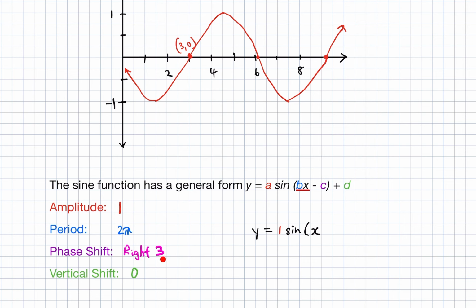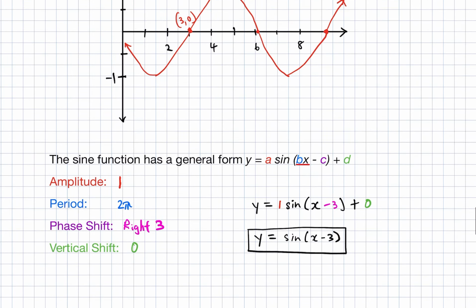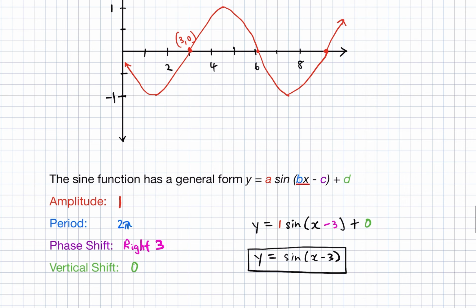We're shifting right by 3, so that's going to be a minus 3. And then vertical shift is 0, so that's going to be plus 0. So if we were to rewrite this, this becomes y equals sine of (x minus 3). And that is our function for the graph shown above.